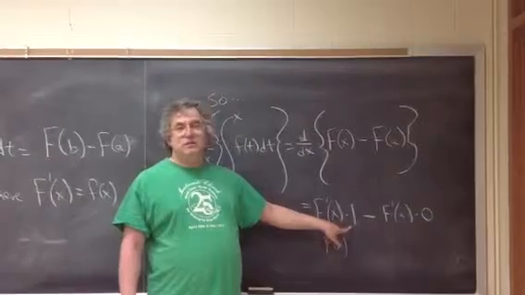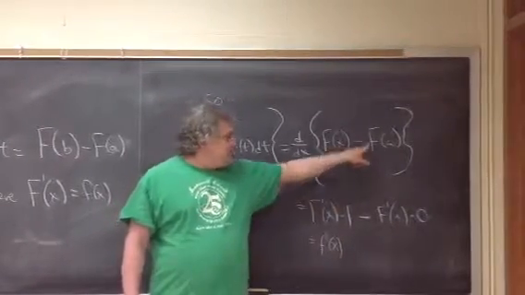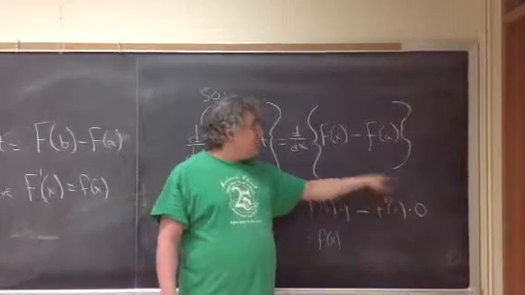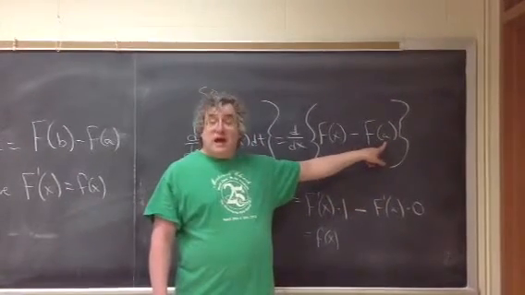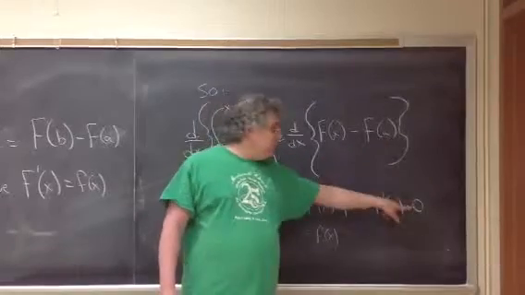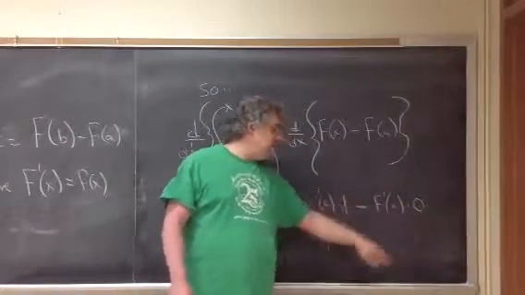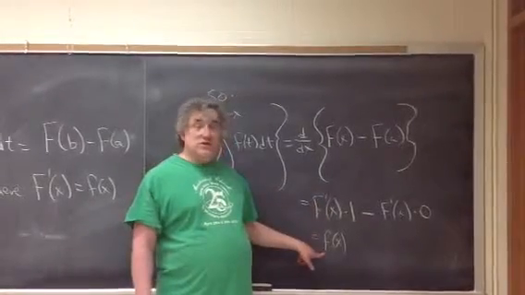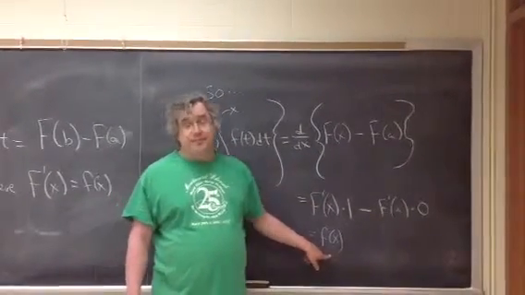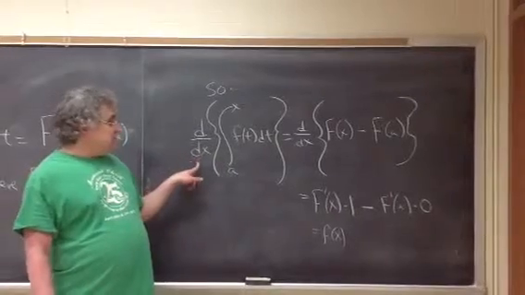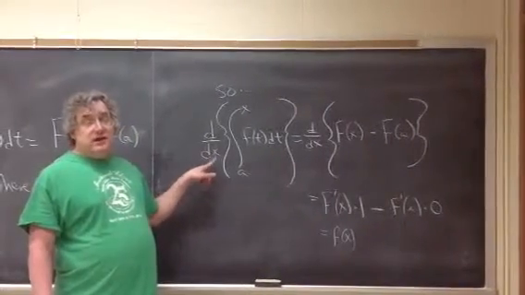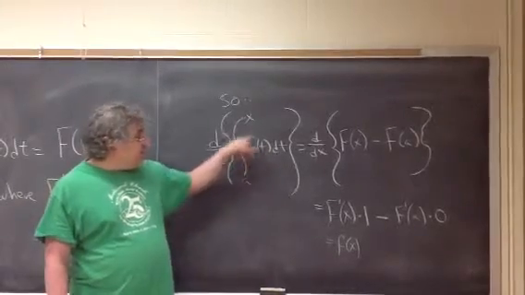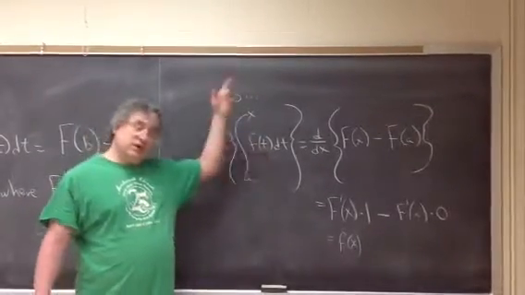The derivative of x is just 1. Then minus the antiderivative's derivative at a, times the derivative of a, which is a number, so the derivative is 0. So that's 0 times something, that goes away. 1 times something is just that something, and that something is the original function at x now. So the derivative with respect to x of the integral from a to x of f of t dt is f of x.